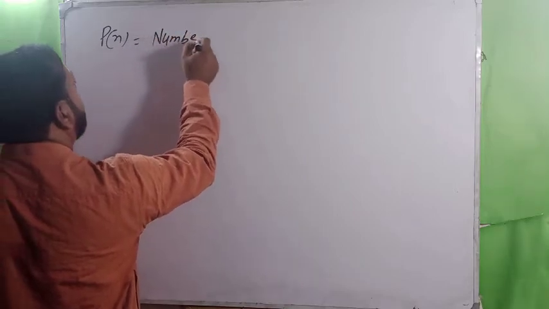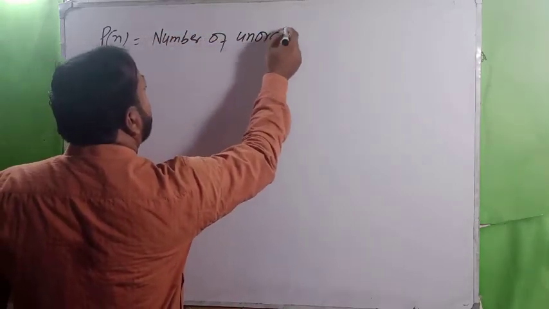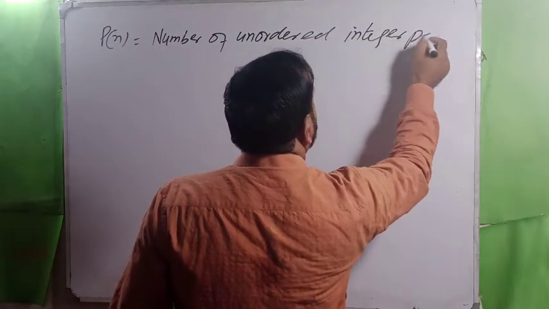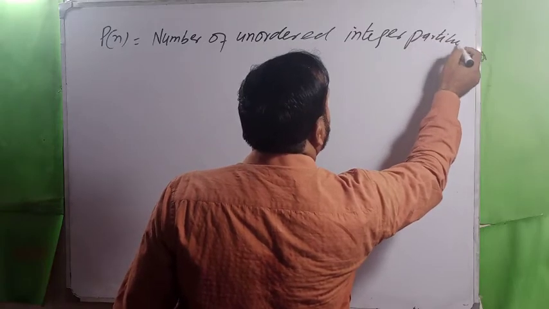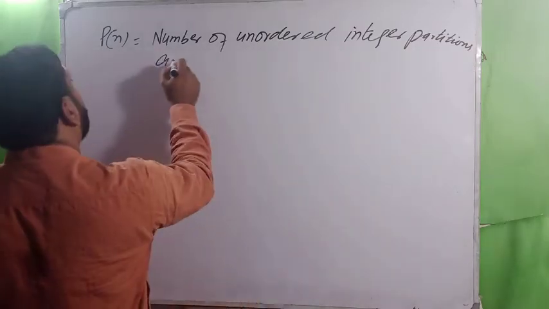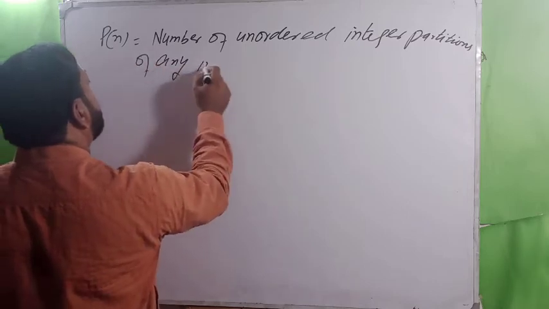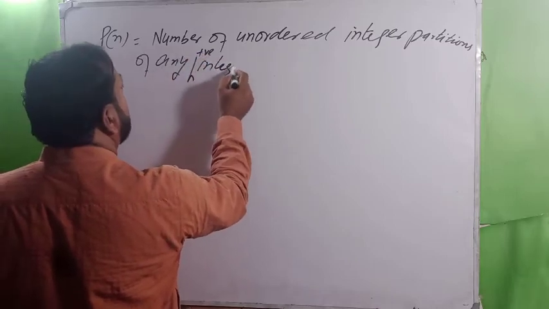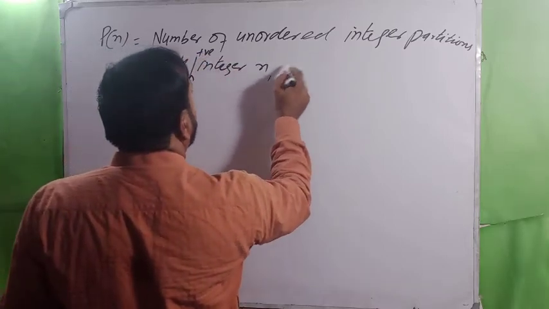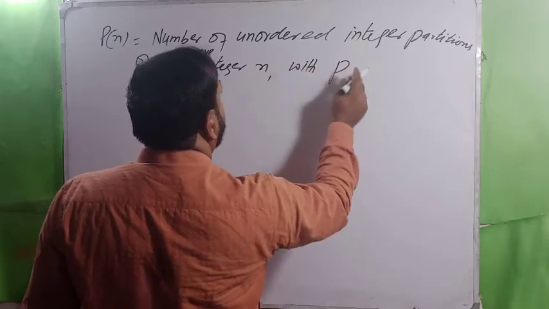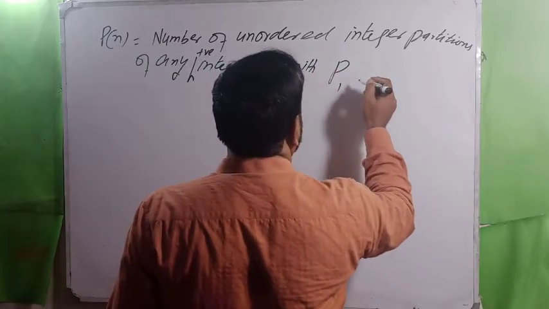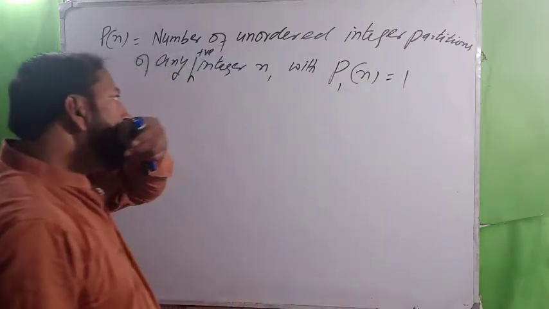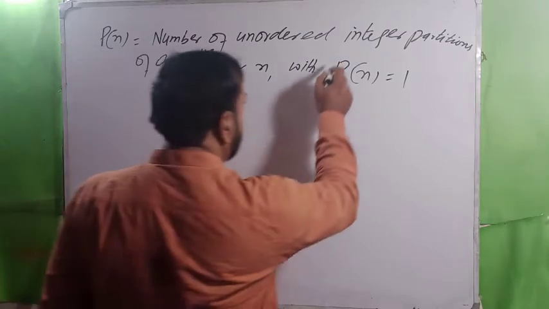Number of unordered integer partitions of an integer, of course a positive integer n, with P1n equal to 1. What is this? I will tell you.